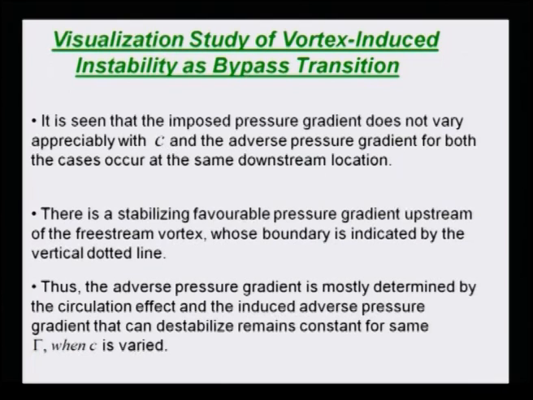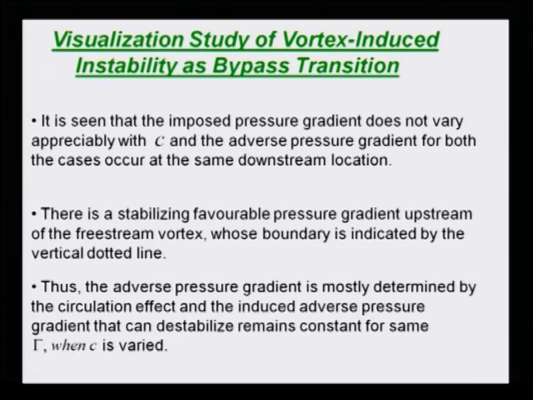What we notice from that figure is that the imposed pressure gradient does not vary appreciably with c. An adverse pressure gradient for both cases occurs at the same downstream location. However, case 2 showed no receptivity, case 1 did show.